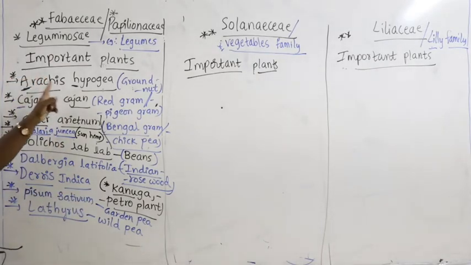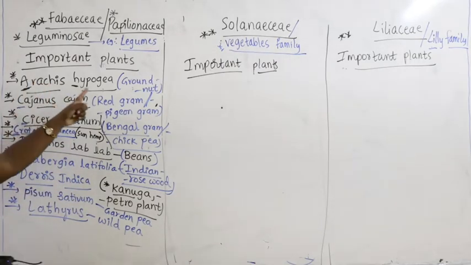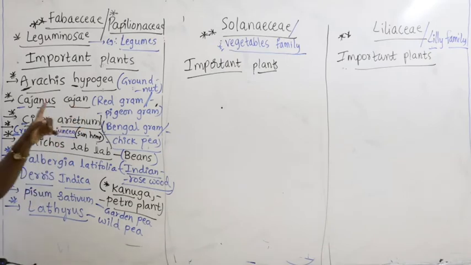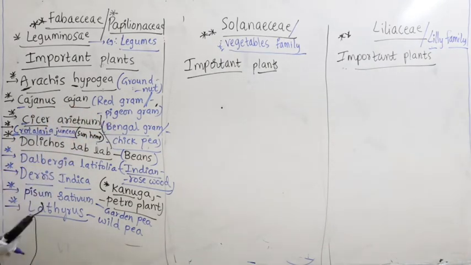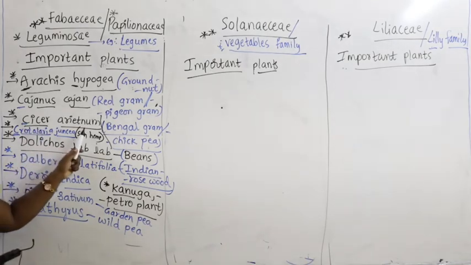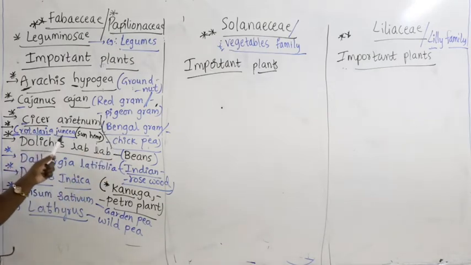See, the list of important plants which belong to Fabaceae. Arachis hypogea, commonly called groundnut. Cajanus cajan, red gram or Pigeon gram. Then Cysoarinum, commonly called Bengal gram or chickpea. Crotalaria juncea, commonly called sunhemp.